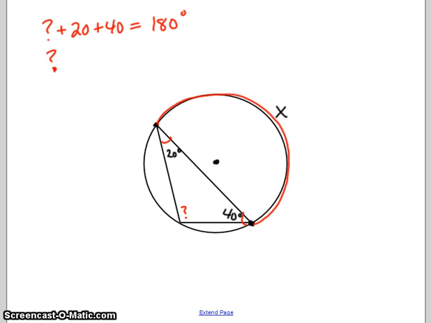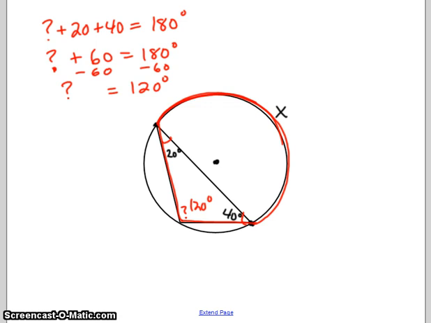So that angle equals 120 degrees, which means the arc that this inscribed angle intercepts is double that angle measurement. So 2 times 120, and we get x equals 240.